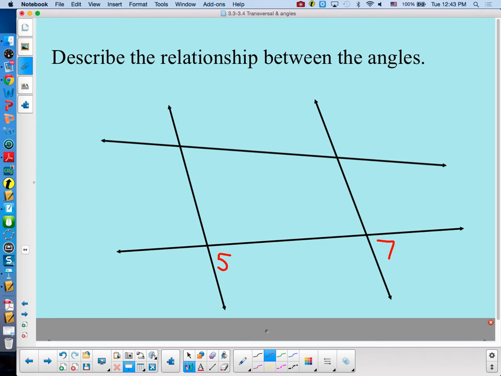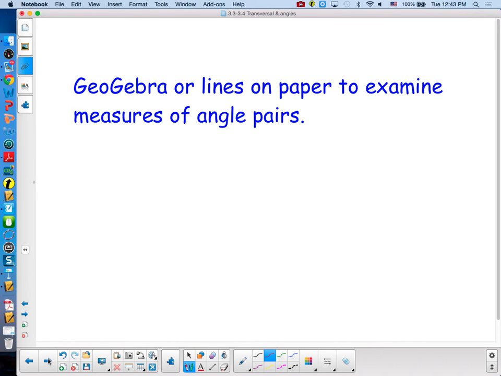This one should be corresponding. You can get rid of the top part, and they're on the same side of the transversal, but this one's an exterior angle, and this is an interior angle, so they're in corresponding spots. So that's a little bit harder. You'll have to cover up part of your picture.